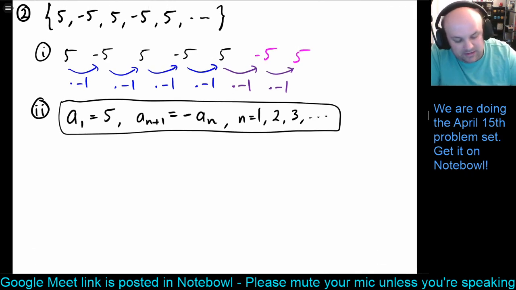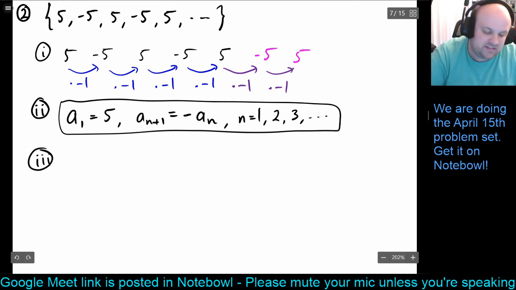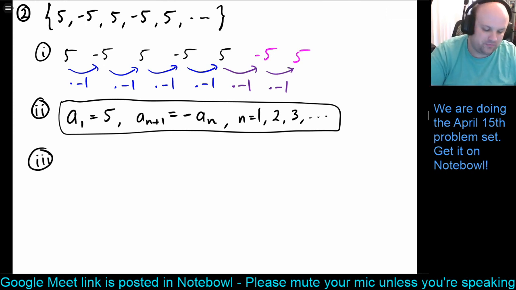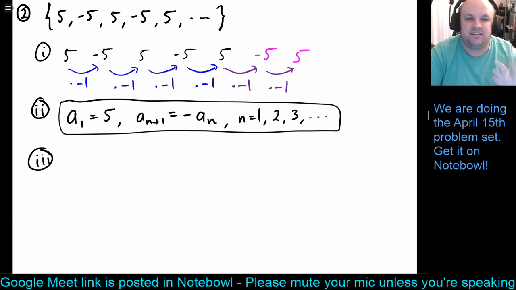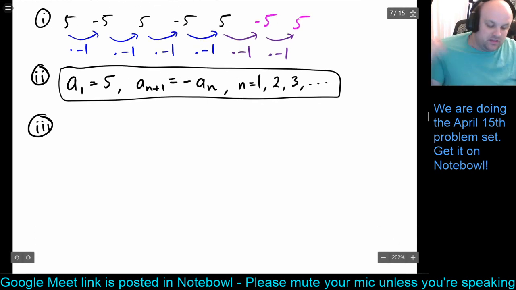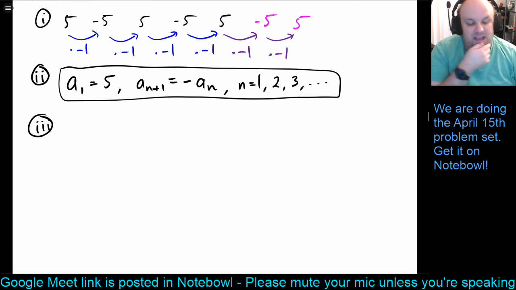So the main reason I have this problem here isn't so much to make it a difficult problem to think through carefully, because this one's not too hard to do. It's because I really wanted to talk about how we build in this alternating sign thing. So there's two patterns you can have.